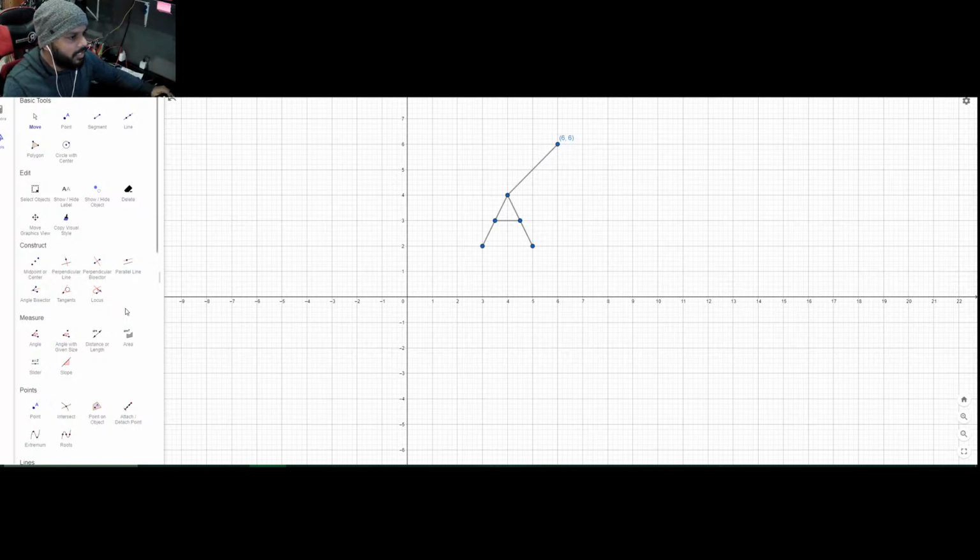Now on your ruler you wouldn't get this exact thing, you will probably get 2.8. So if I multiply this by 2, I will get 5.6. But the app is very, very accurate.